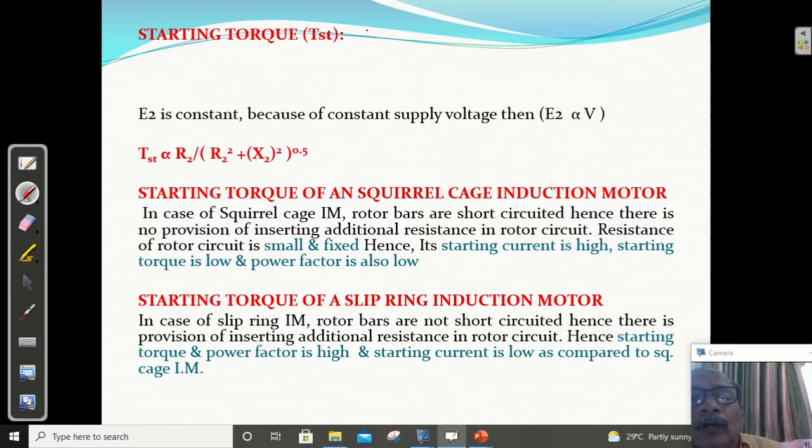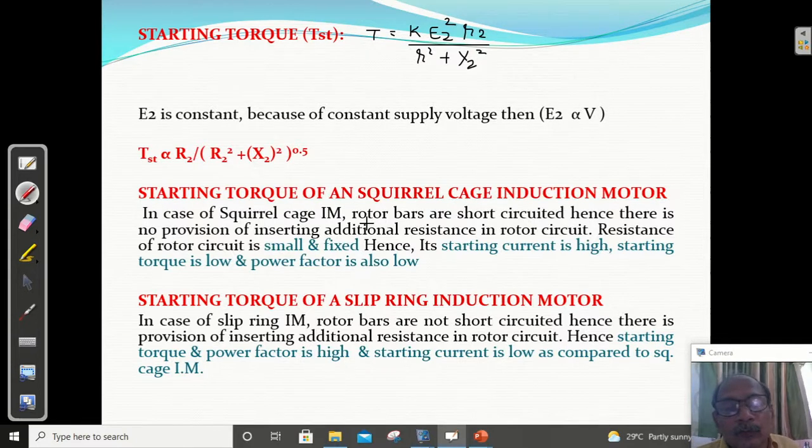See, we know torque equals K into E2 square R2 upon R2 square plus X2 square, the starting torque.